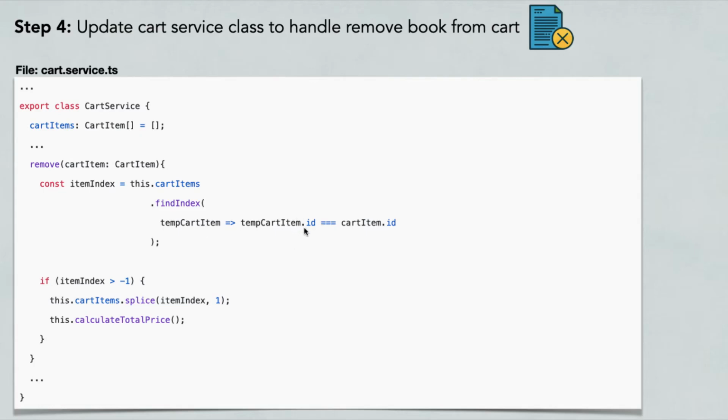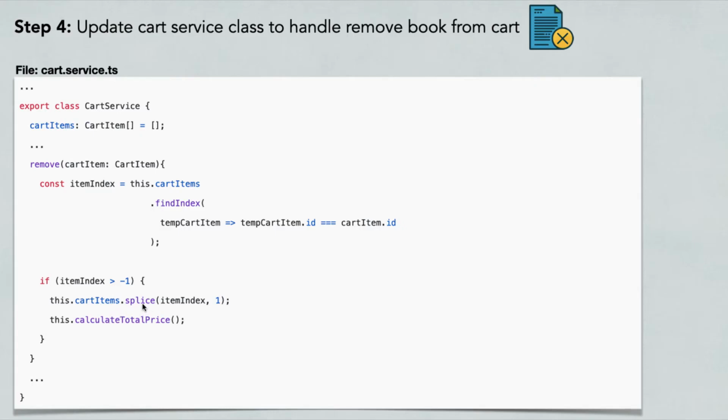We're going to access the ID on this tempCartItem, and then compare it with the cart item which is received in the remove method. If the ID matches, then we're going to return the index, and then we're going to check the index. If the index is greater than -1, then we are going to remove that item from the cart items.